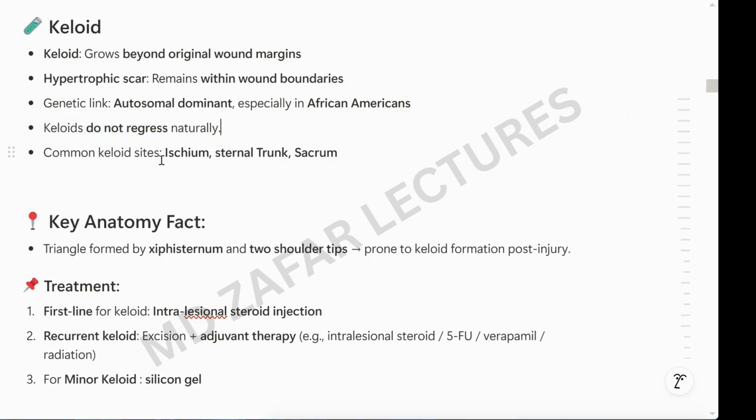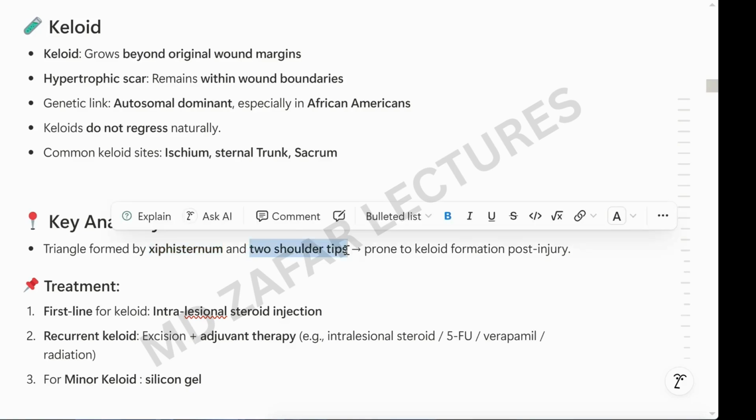The common keloid sites include ischium, sternum, trunk, and sacrum. There is a key anatomical point, that is the triangle formed between the xiphisternum and the two shoulder tips. This area is prone to keloid formation, especially after injury.